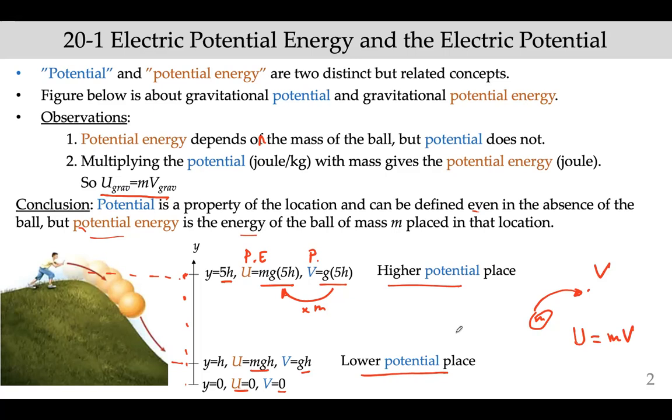Of course, in this chapter we will not deal with gravitational potential or gravitational potential energy, but this is a starting point. We will go with analogies, and we will talk about electric potential energy and electric potential in the next slide.